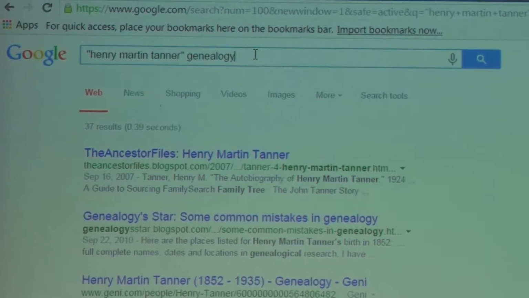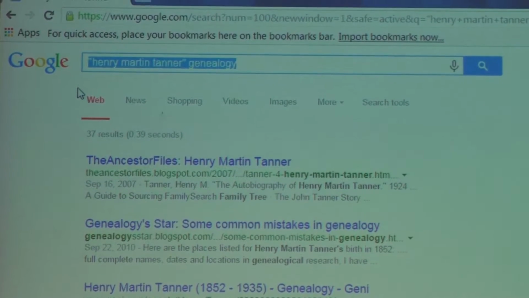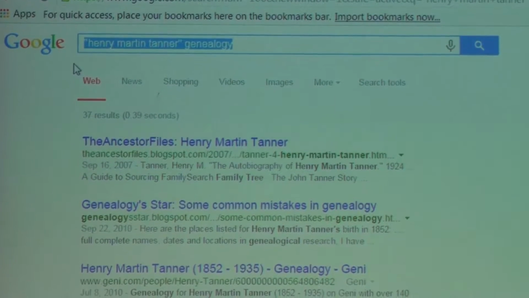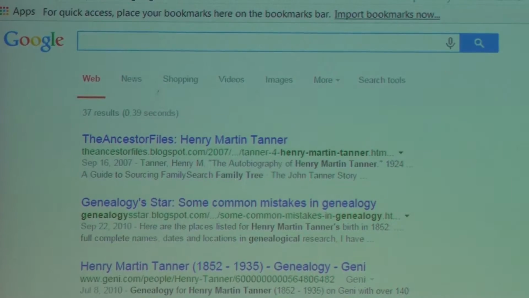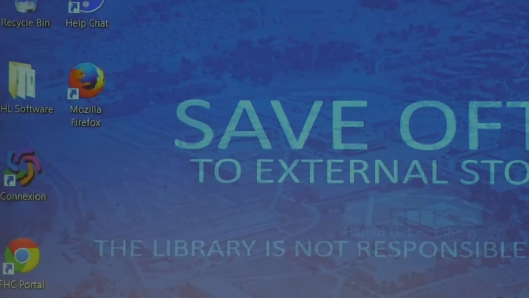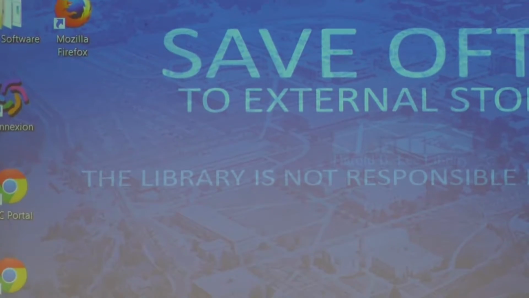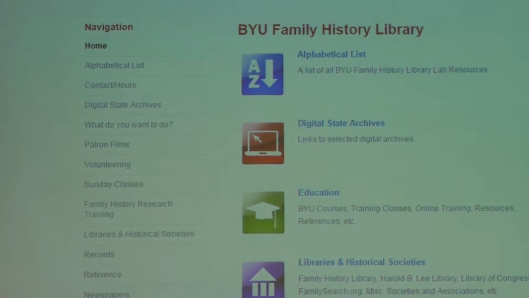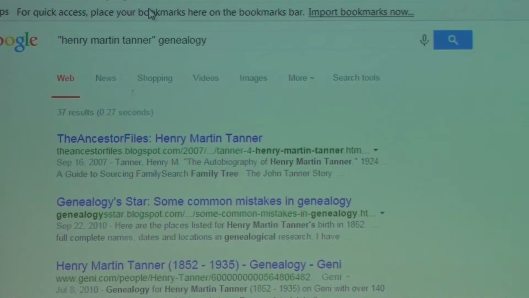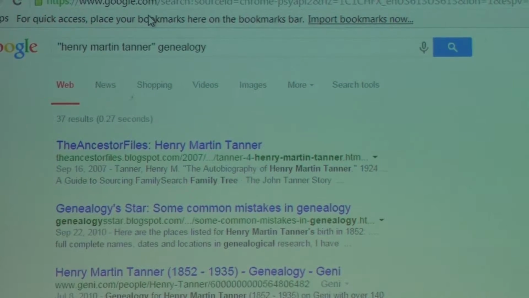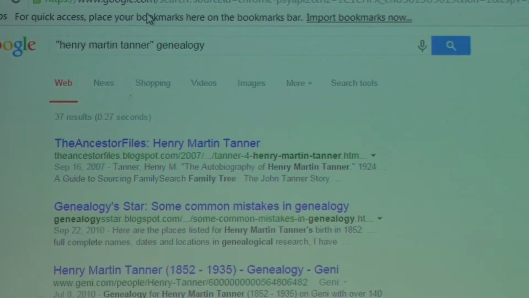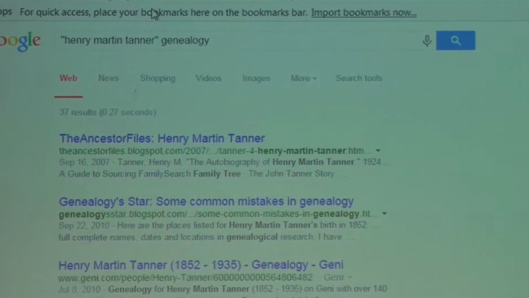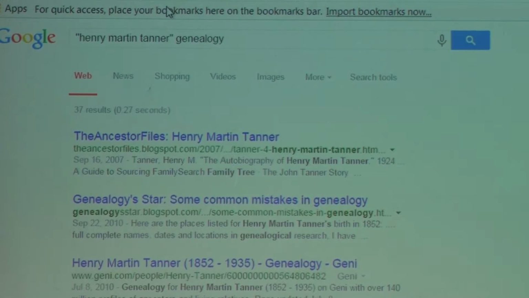Does the quote make a difference? No, it occurs because I have already searched for this twice or three times today.